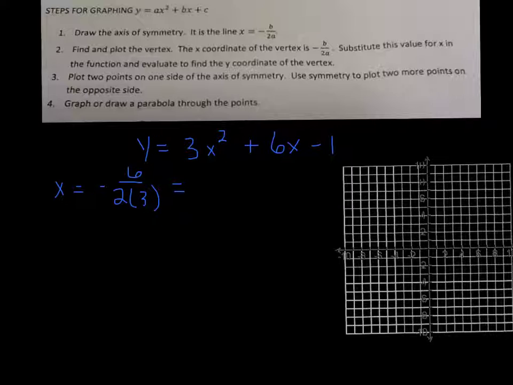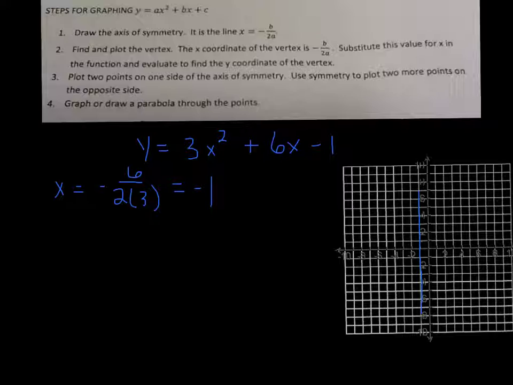And you make it negative, so our axis of symmetry is at x equals negative 1. So on our x line, going across, we go to negative 1 and draw our axis of symmetry all the way down that line. So we know that's the middle of our graph.